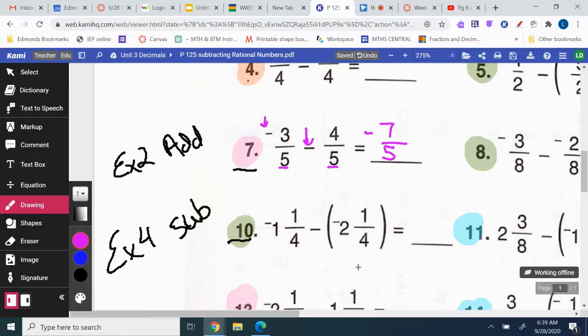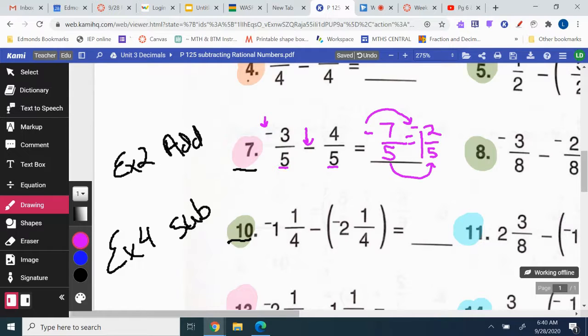So I know that 5 goes into 7 one time, and I bring my negative sign over. So I have a negative. I bring my denominator over. So like I said, 5 goes into 7 one time with 2 left over.